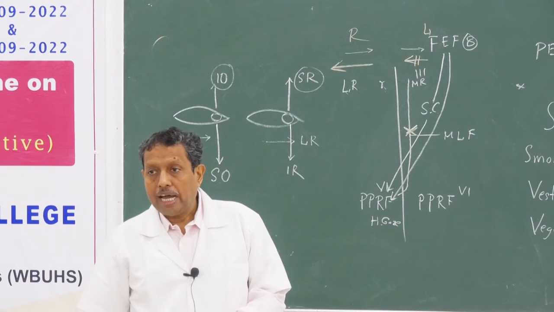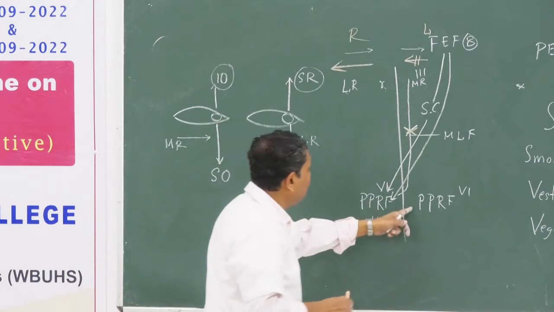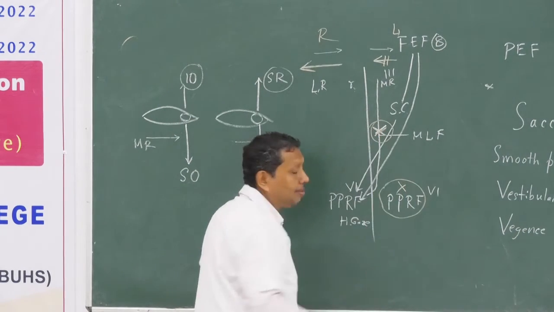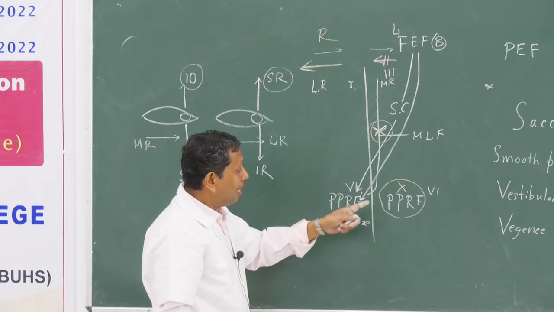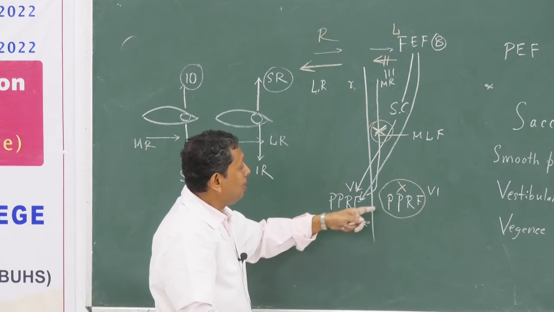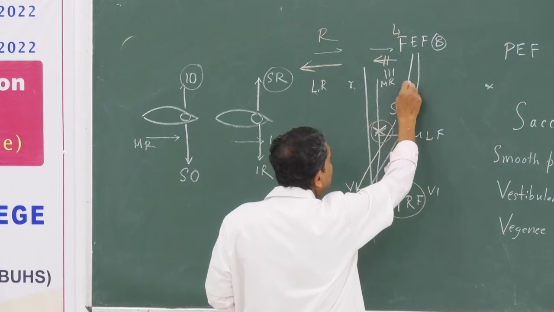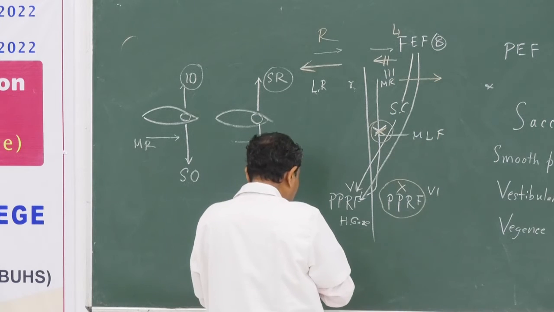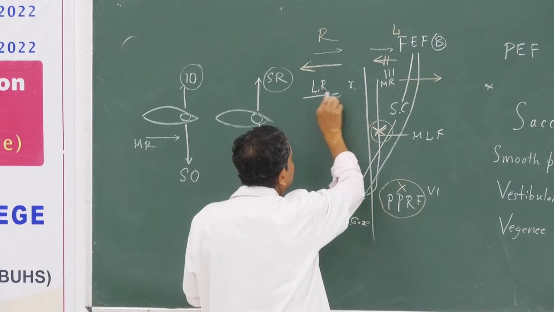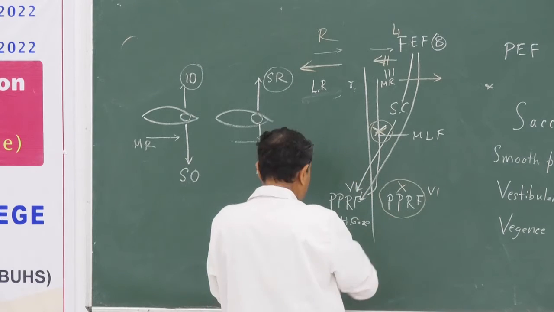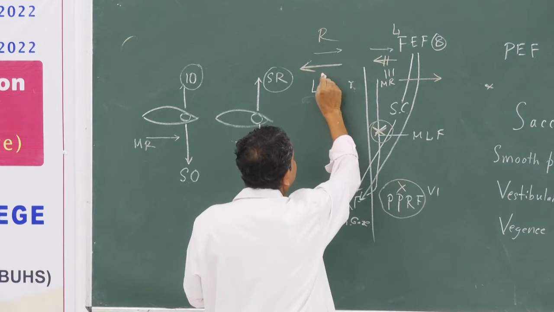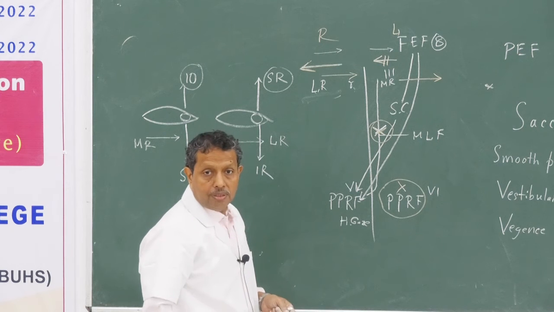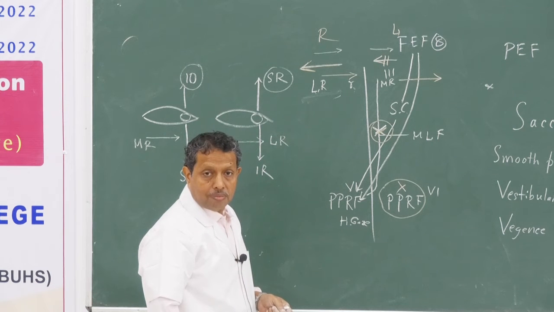Now, if you consider a lesion on this side also, on this side there will be the movement of the lateral rectus, and on the other side the medial rectus. Normally there is movement of this and movement of this.